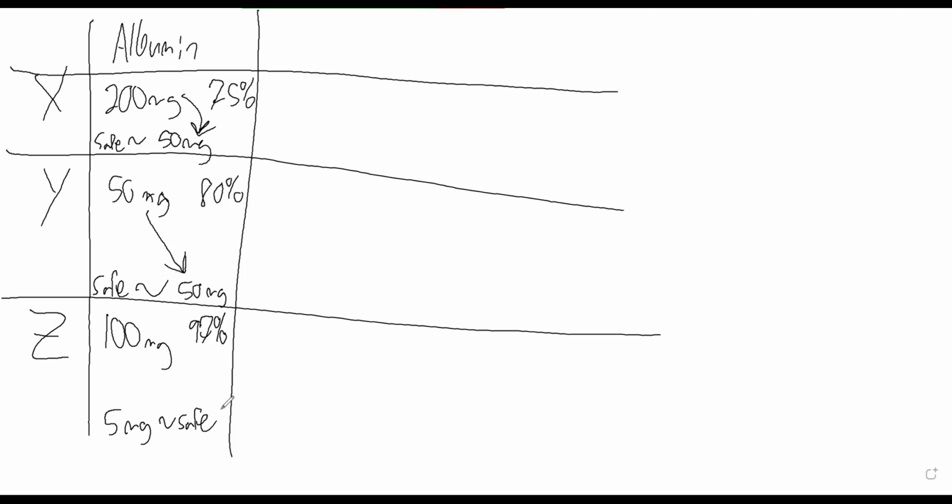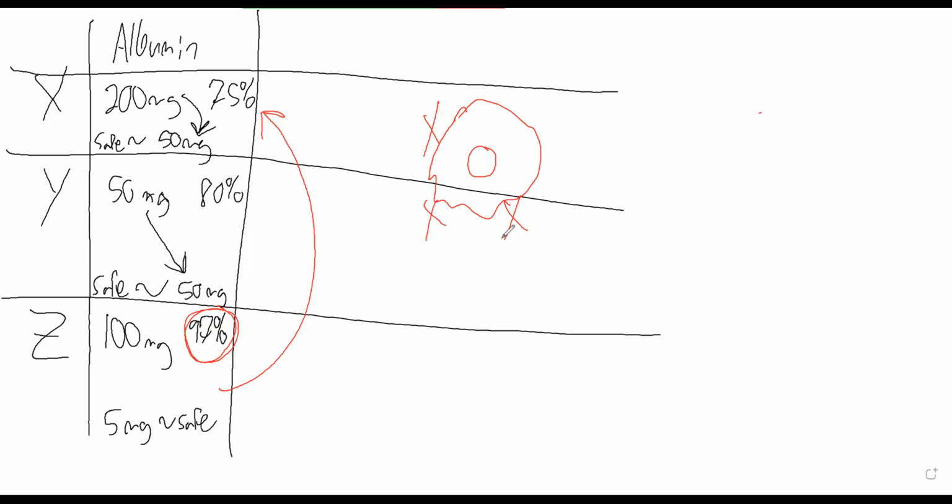Now, if you take these drugs together, the 97% here is essentially going to, let me draw a red blood cell. We've got 75% of drug X on the surface.